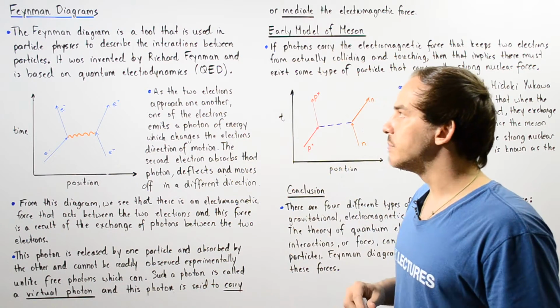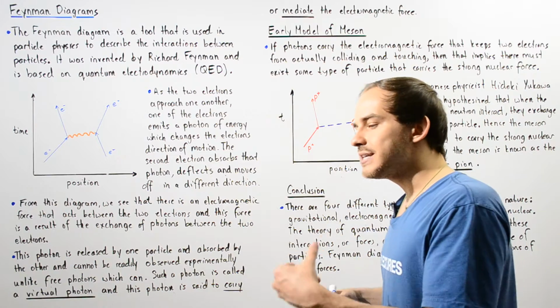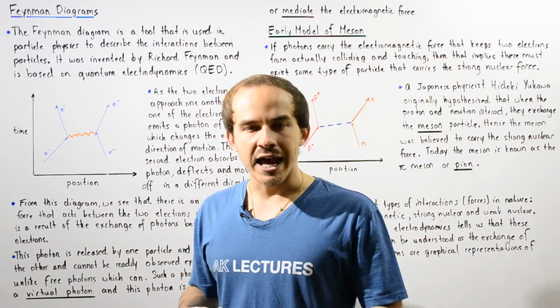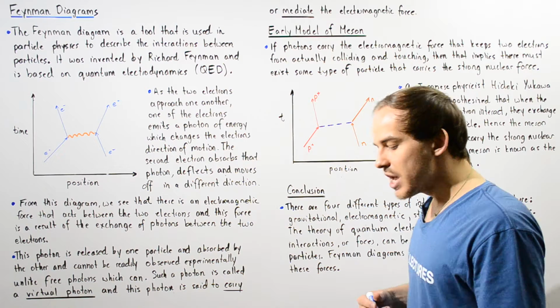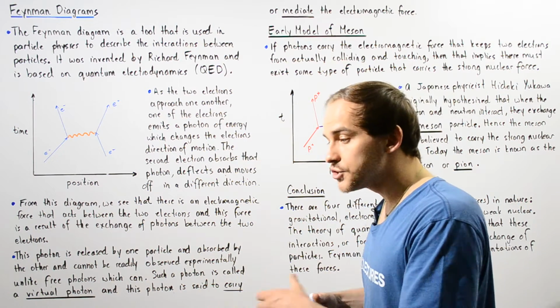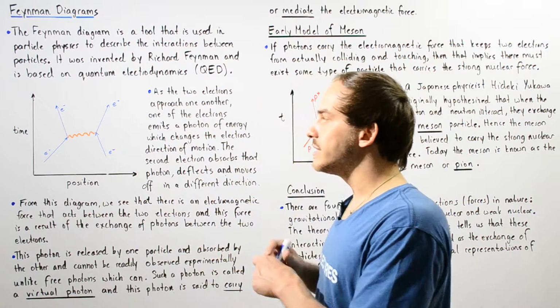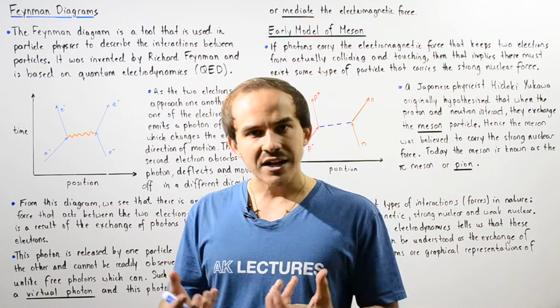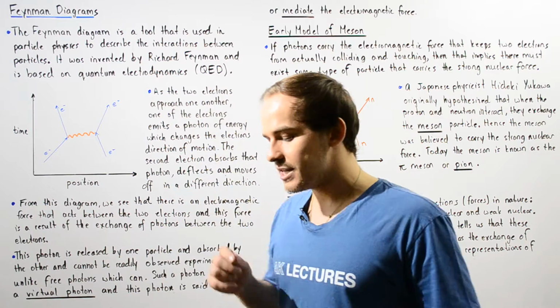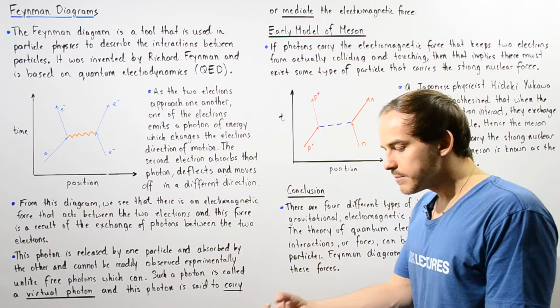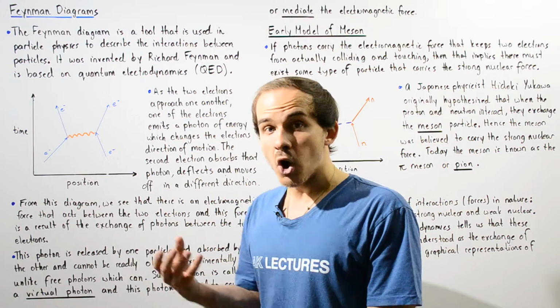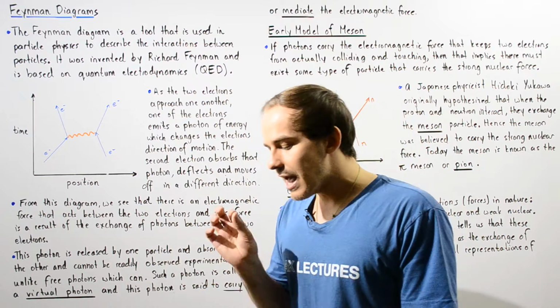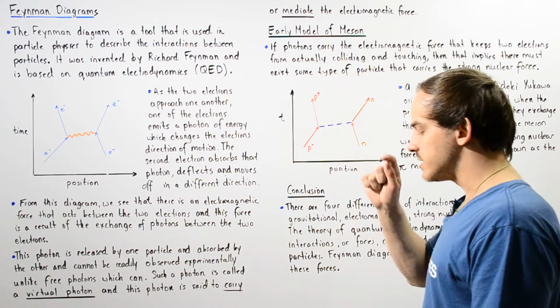Now, in quantum electrodynamics, things get a bit more complicated, and instead of using fields, we use the Feynman diagram to represent the way that our particles actually interact with one another. So Feynman diagrams take into consideration both quantum mechanics and the special theory of relativity.